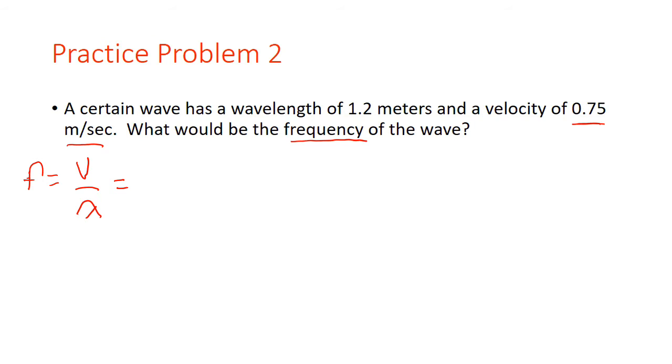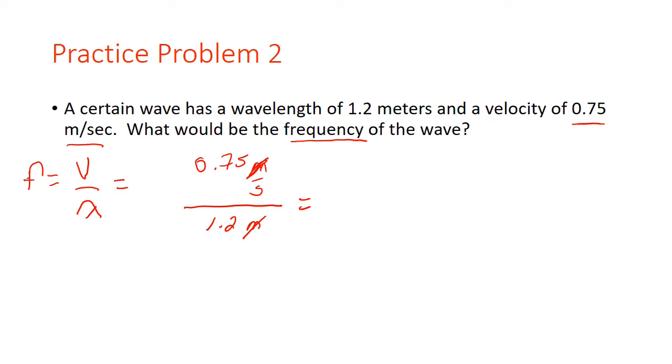So from our information here, we know that the velocity is 0.75 meters per second. We're going to divide that by the wavelength, which is 1.2 meters. So now we'll see that meters will actually cancel each other out.